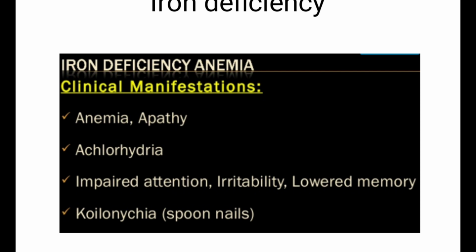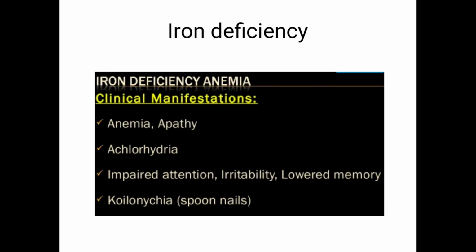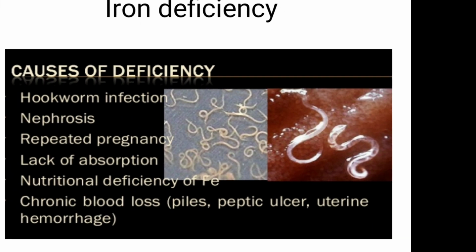Koilonychia, meaning spoon shaped nail, is the characteristic feature of iron deficiency anemia. So these are some of the features of iron deficiency anemia.